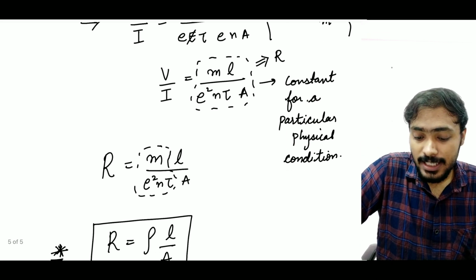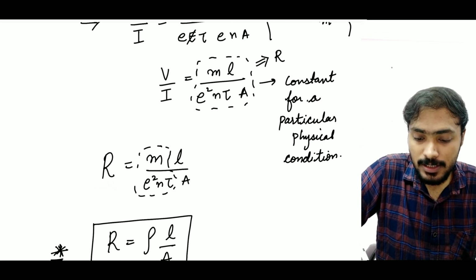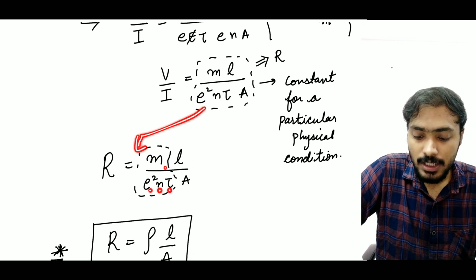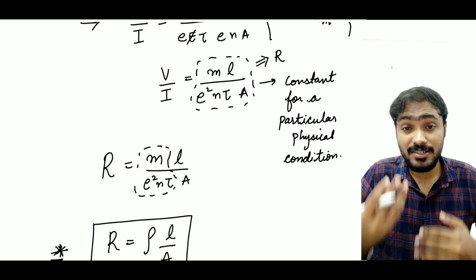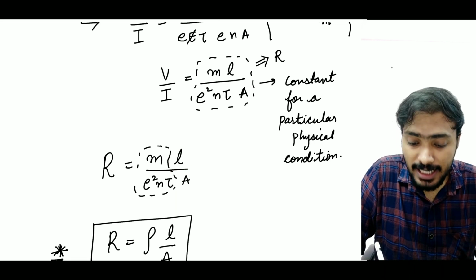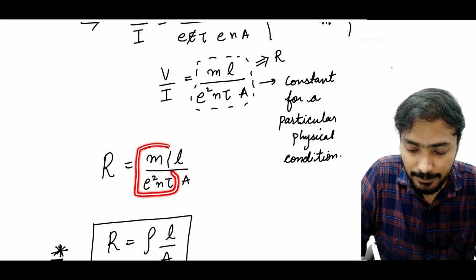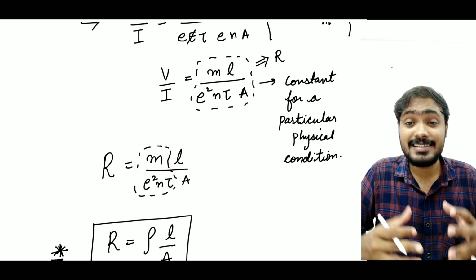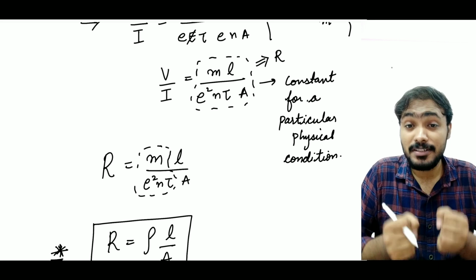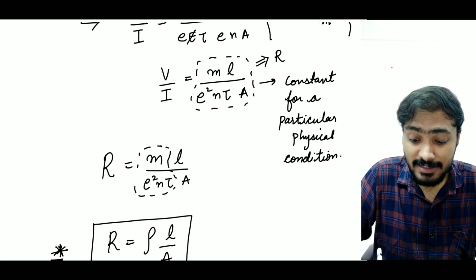We can also say resistance is equal to m upon e squared n tau, multiplied by L upon A. You can change the length of a wire, you can change the area of cross section of a wire, but this middle term, m upon e squared n tau, is an intrinsic property of the material, which we call resistivity.